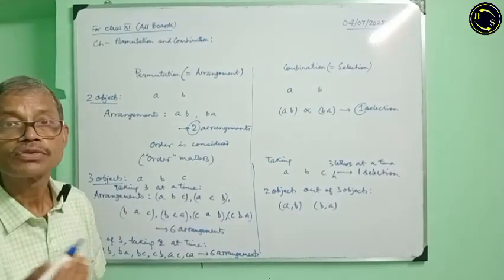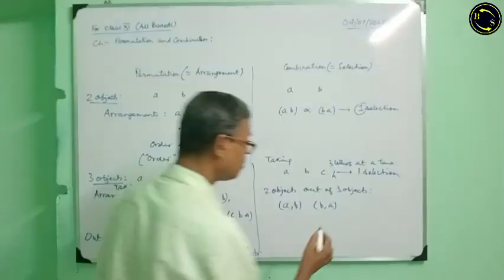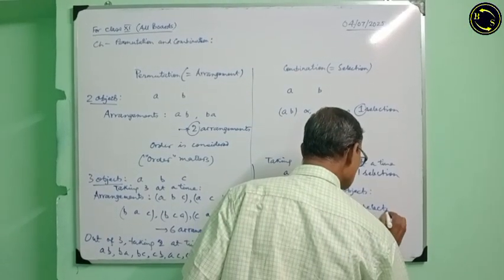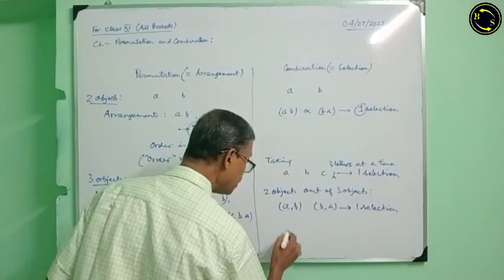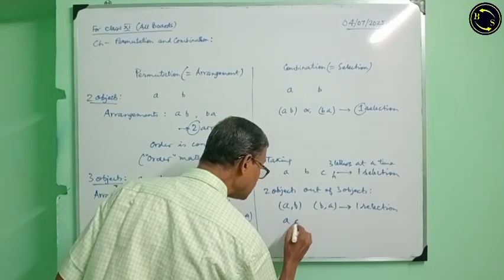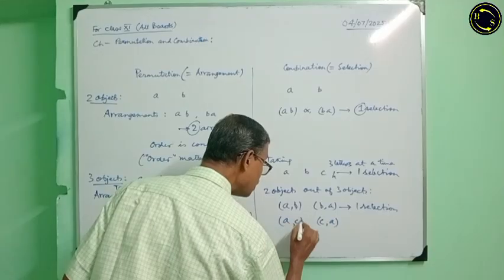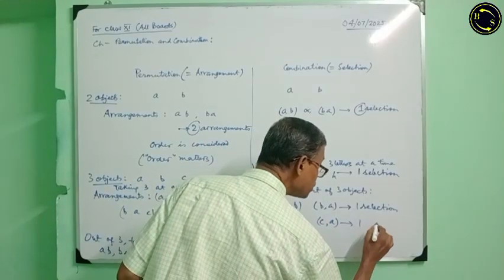These two give just one selection. Then AC, CA, again one selection.